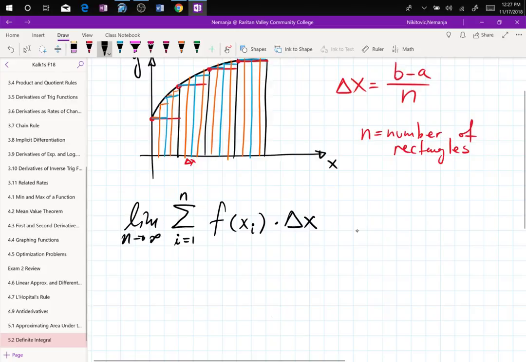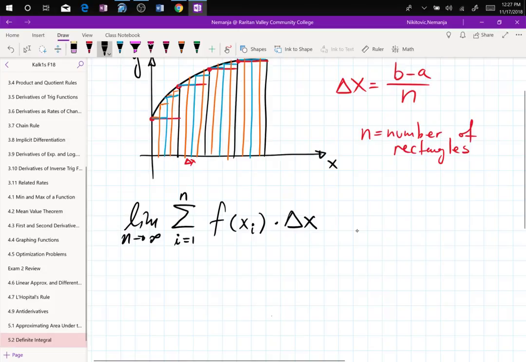That's what's new. So that piece, that limit in front, that is sending number of rectangles to infinity, is going to make this area exact area. Just that limit. Because without the limit, it's approximation, right? Because you will be using a finite number of n, 4 rectangles or 10 rectangles, right?